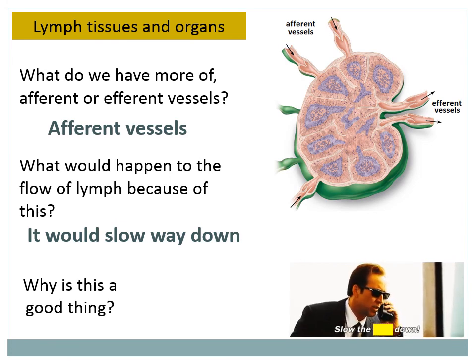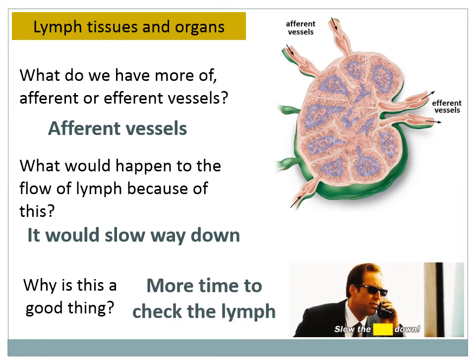We really want to slow down our lymph, and this is a good thing. The reason it's a good thing to slow down our lymph, or as Nick Cage says, slow the yellow box down, is that it gives us more time to check the lymph out.